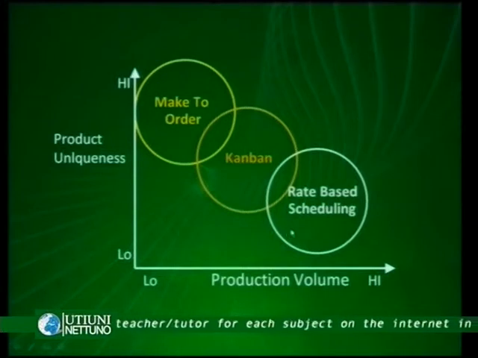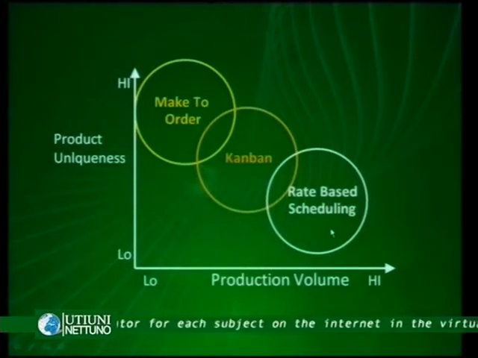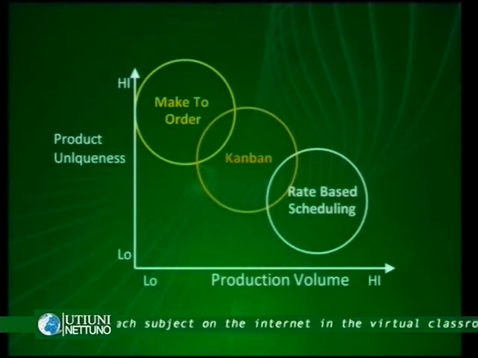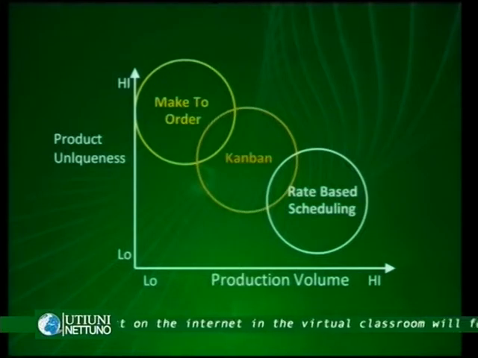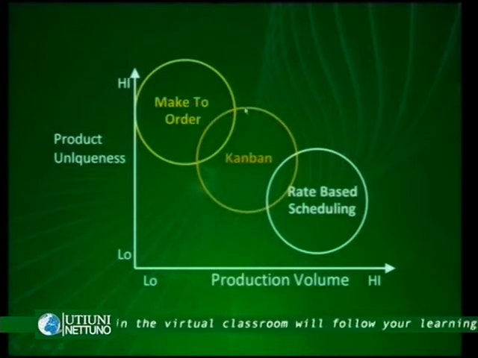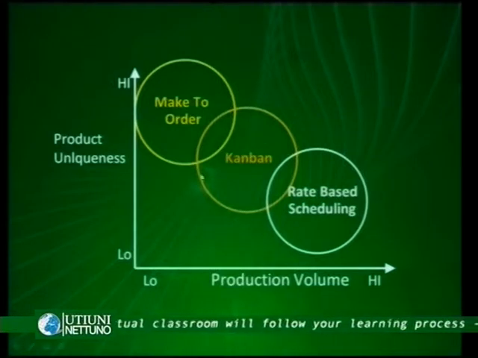Where volumes are very high and uniqueness is low, a rate-based scheduling system is seen to be more appropriate to the needs of the customer and the needs of your business. And in the middle ground, the use of a Kanban system is quite appropriate.